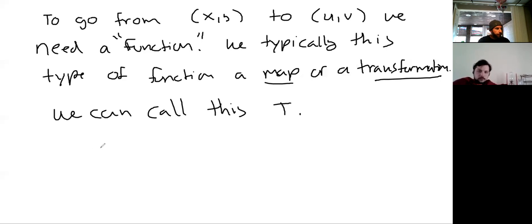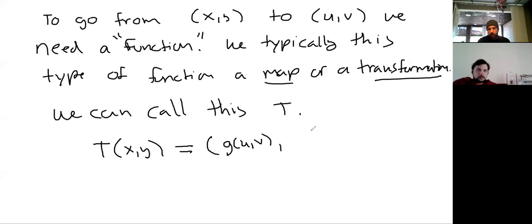So T takes a point x comma y and assigns it to a new value. What does it assign it to? Well, it assigns it to something, g of u comma v, and then some other expression, say of u comma v, which we'll call h.